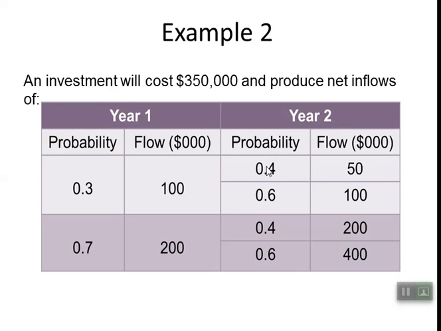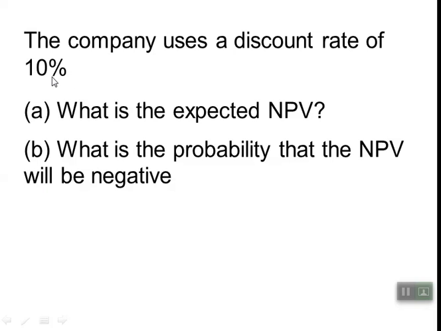And in year 2, if the probability were 0.3, then here we have a 0.4 and a 0.6, and these are the cash flows. Now, what are we required to do? So the company uses a discount rate. This is our cost of capital. Then what is the expected net present value? And what is the probability that the NPV will be negative?